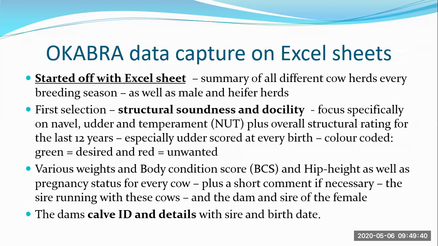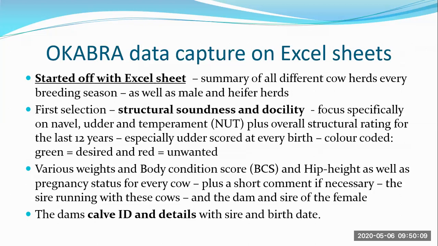So here we start off with the different cow herds. The first selection tool which we use usually is the structural soundness and docility for Brahmins, and we specifically focus on this the last couple of years now. It's no use having 15 structural issues which you're looking at. We are looking at 3 basic things which we've decided here in our herd, which we want to improve.